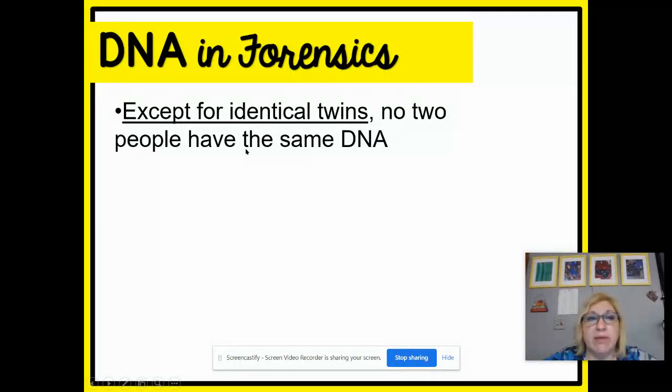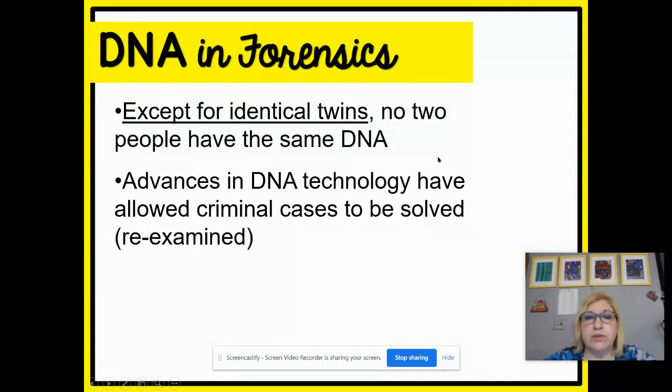So we know that everyone has their own unique DNA, except for identical twins. Even though identical twins do have some differences, caused by changes in the environment in the womb or what's happened environmentally to each person after they've been born, their DNA is still exactly the same. That can be a muddle for crime fighters if one twin commits a crime and frames the other one.